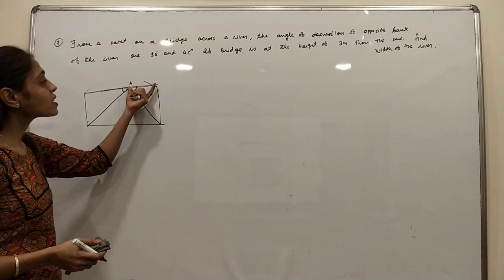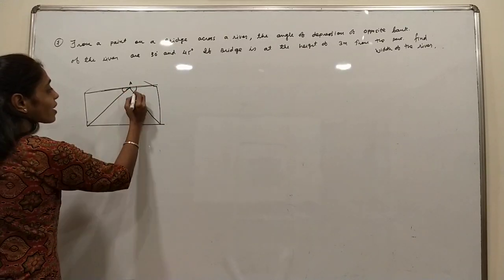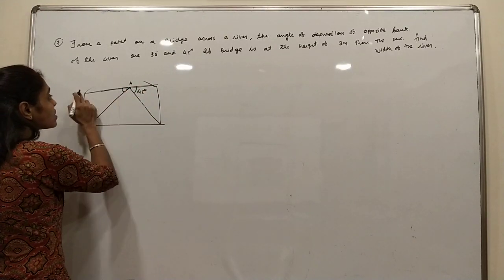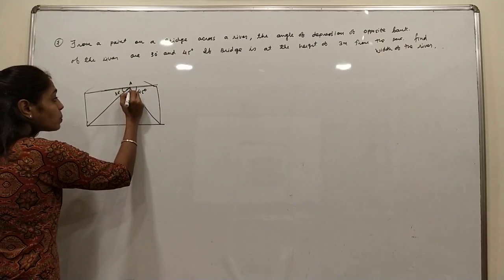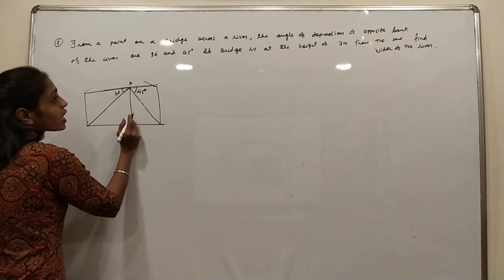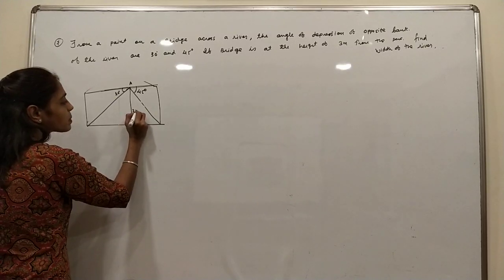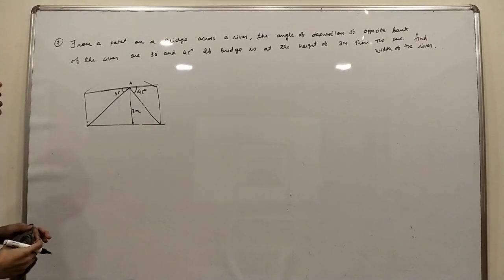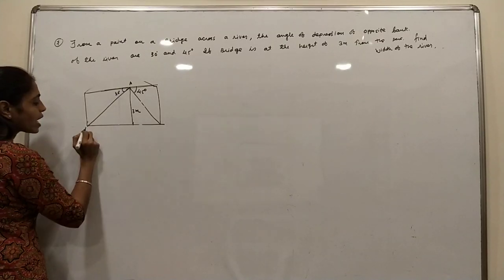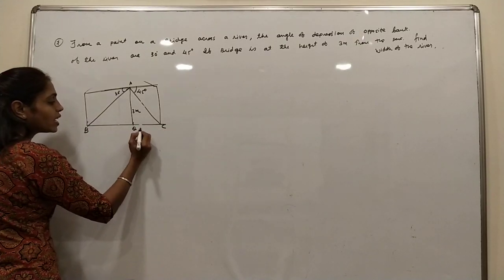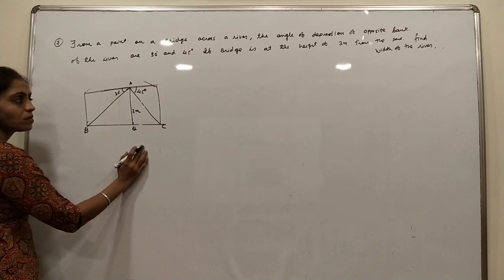The lesser the distance, the more the angle, so the angle is 45; the more the distance, the less the angle, 30 degrees. And the bridge height from the river is 3 meters. Then you have to find the width of the river. That width of the river is BC, through the points B, D and C.